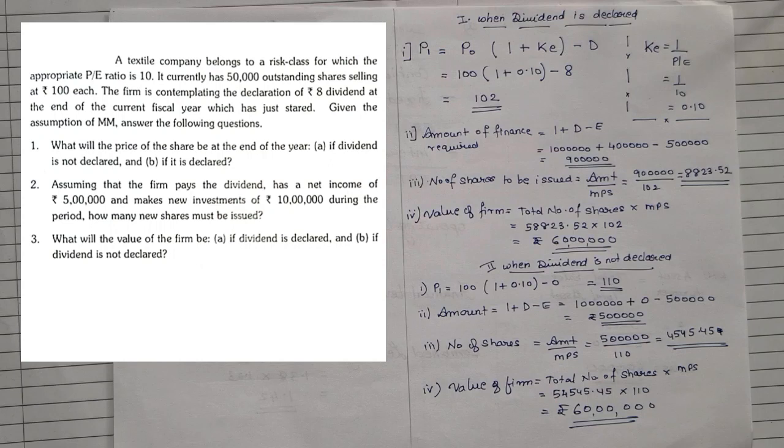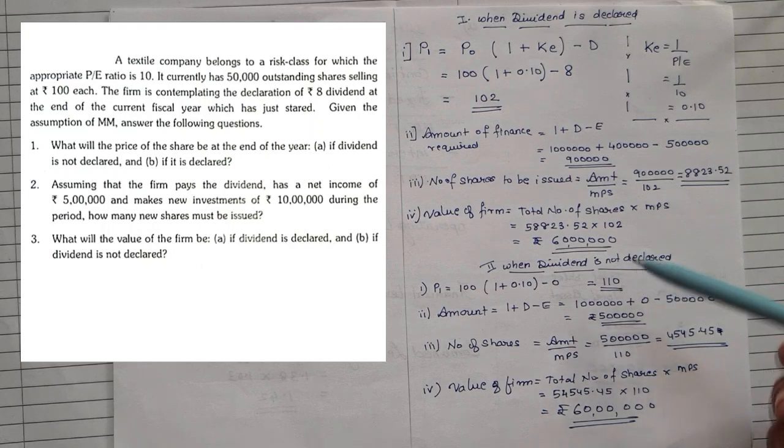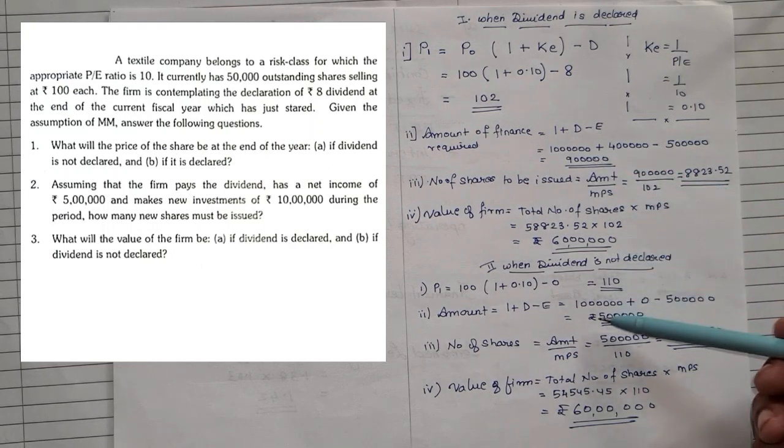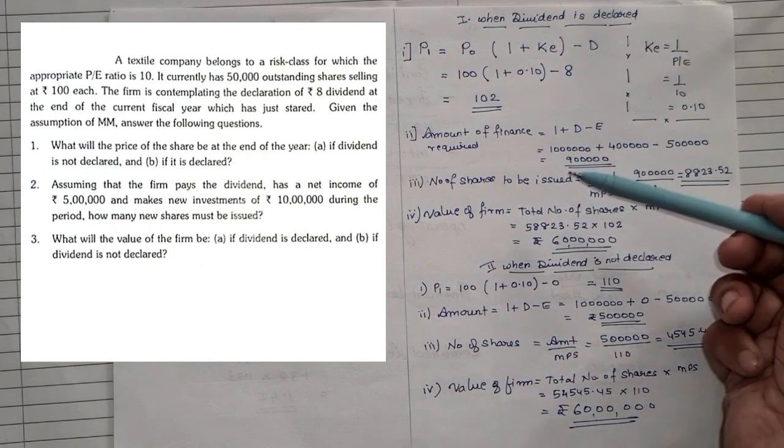Okay, I hope everyone has understood this. This is how you usually get the sum: they will ask you to find the value of the share when dividend is declared or not declared, the number of shares to be issued when declared and not declared, and thirdly the value of the firm again when dividend is declared and not declared.